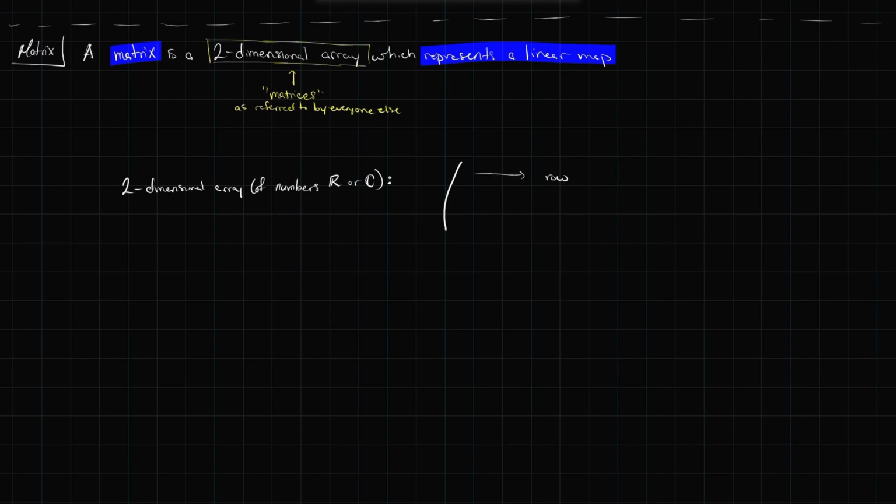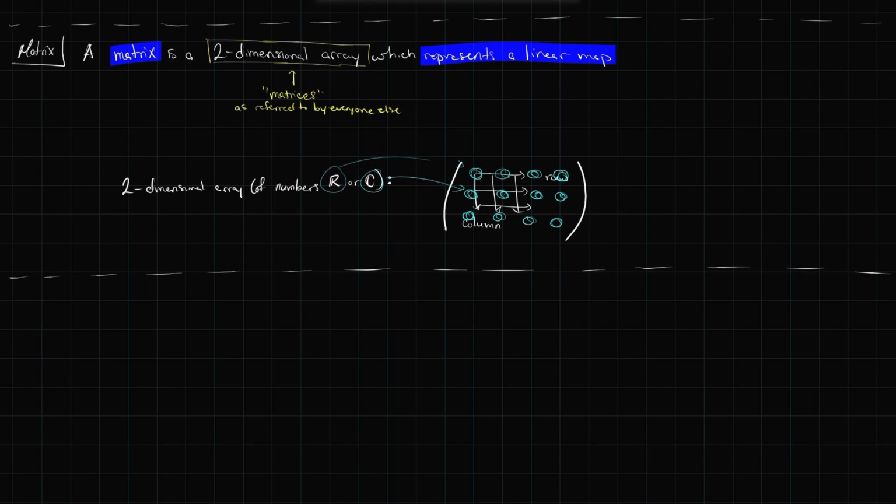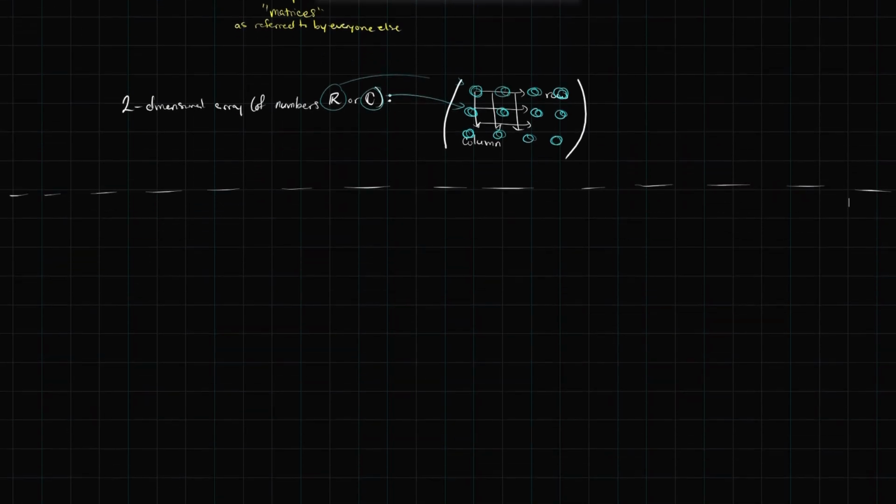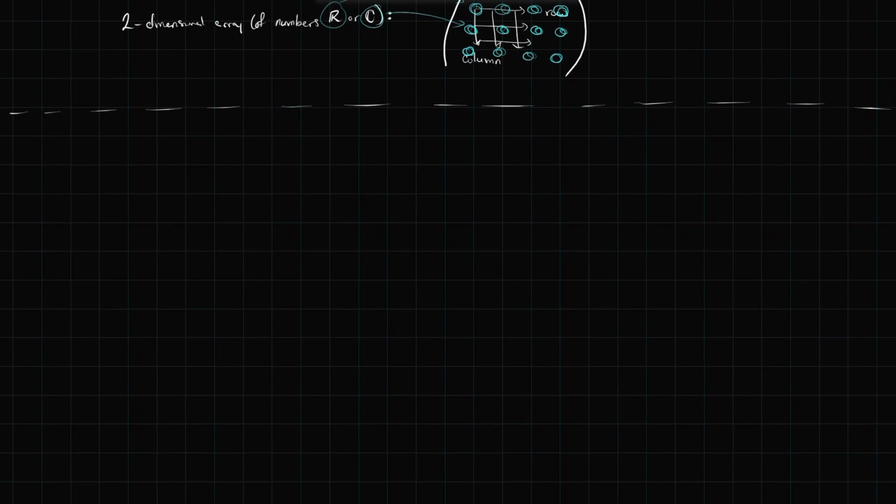So it has rows and it has columns, and then parentheses on either side. So we would have number, number, number, and so on, for example, with entries R, C. That's what an array looks like. You've probably encountered matrices in previous courses. I know I first encountered them in 10th grade, I think. So these are the sort of thing that people do encounter even in high school mathematics.